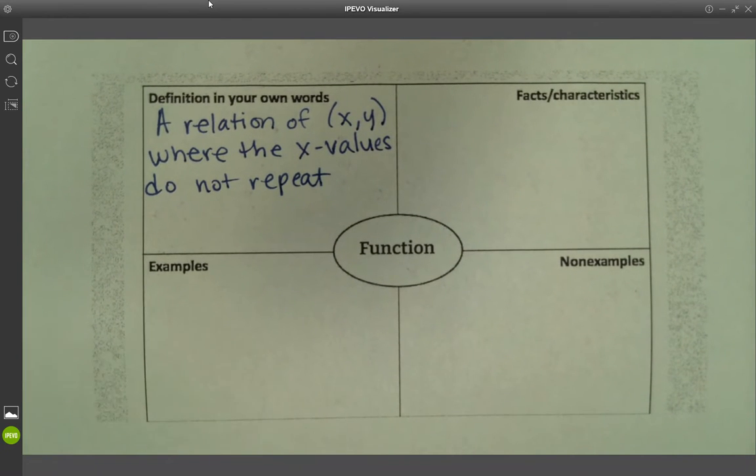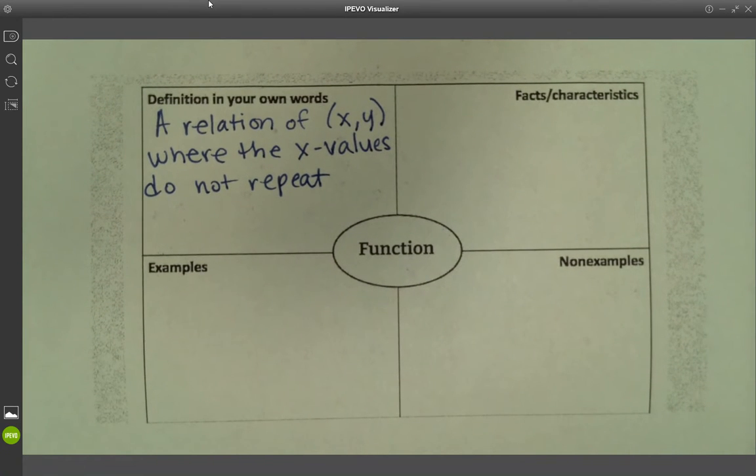So we gotta know whether it's a function or not, because then we're going to go into linear functions, quadratic functions, exponential functions. So you first got to know, is it a function or not? And then you can figure out what kind.